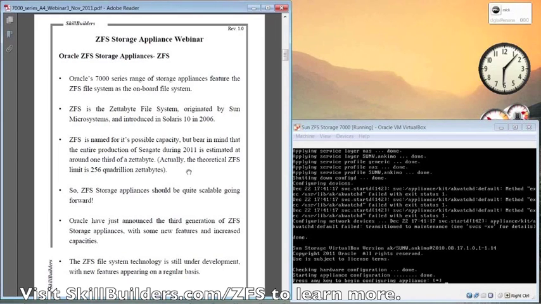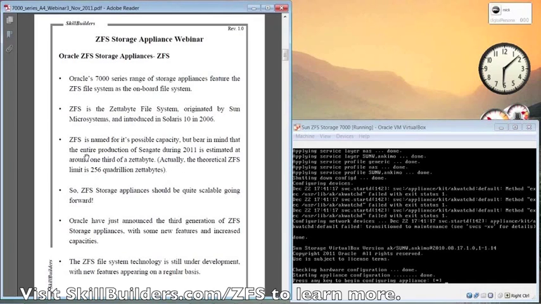You could connect all the disks in the world together and they wouldn't come anywhere near the capacity that would be theoretically possible for one individual ZFS file system. The capacity of the storage device is actually 256 quadrillion zettabytes, whatever that might be. Somebody might better work that out.